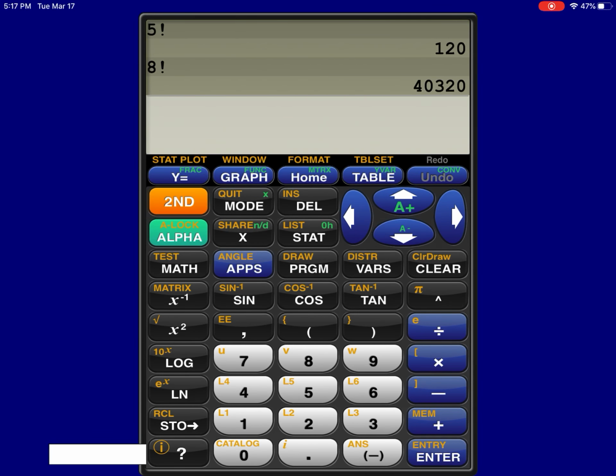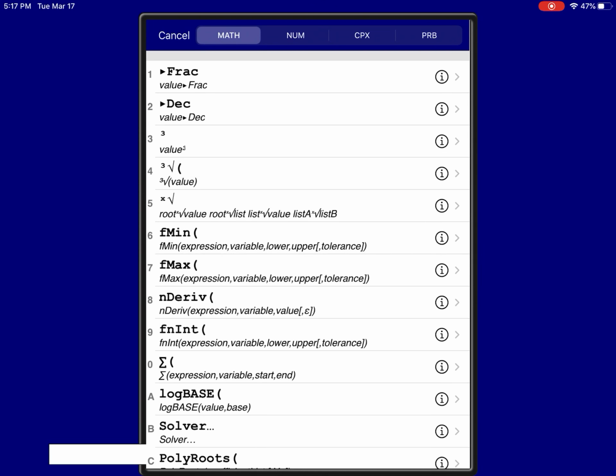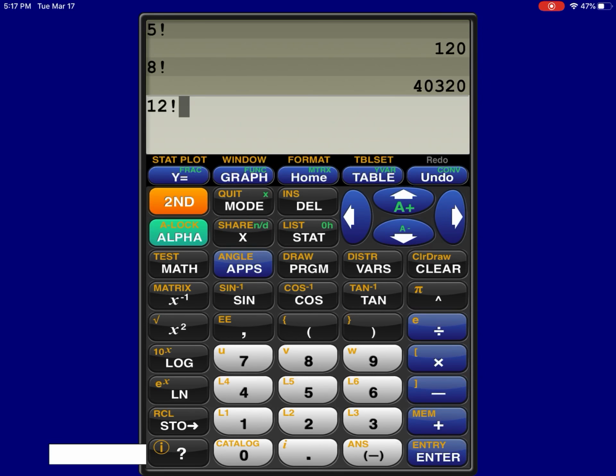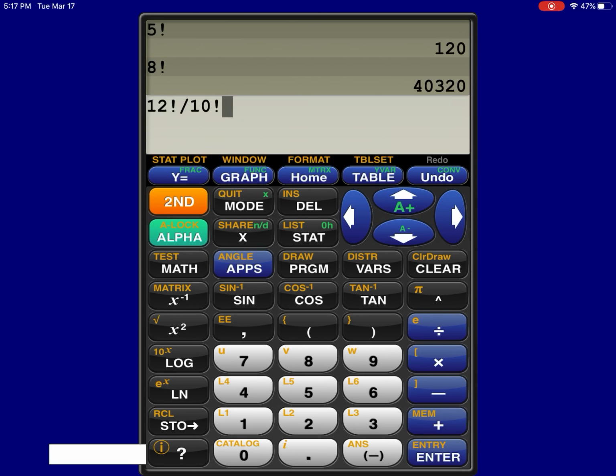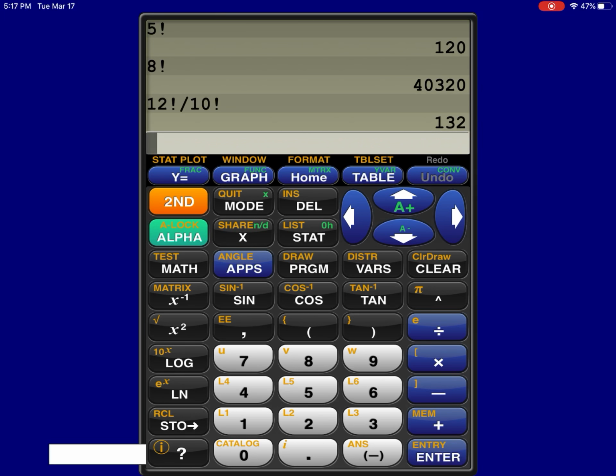So that would be 12 factorial, math, PRB, factorial, divided by 10, math, PRB, factorial. Okay? 132. Not as large as you maybe were thinking.